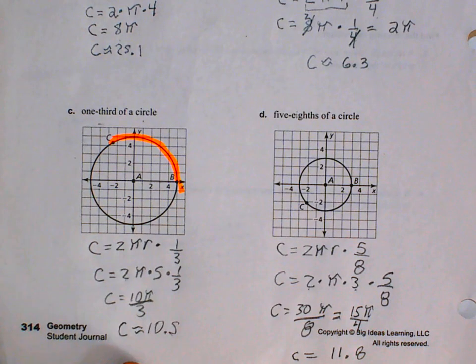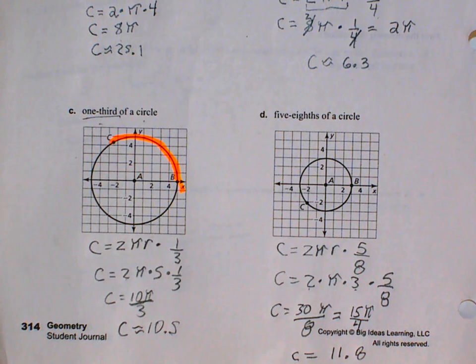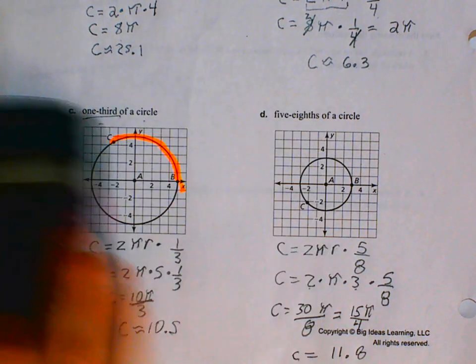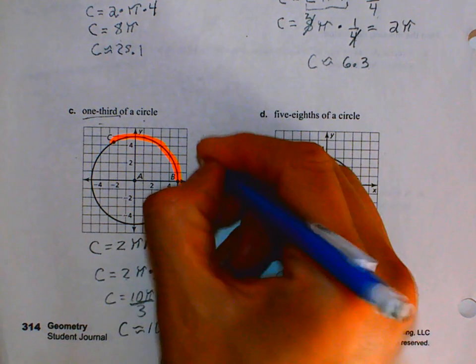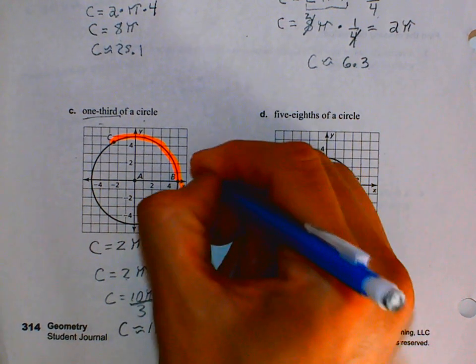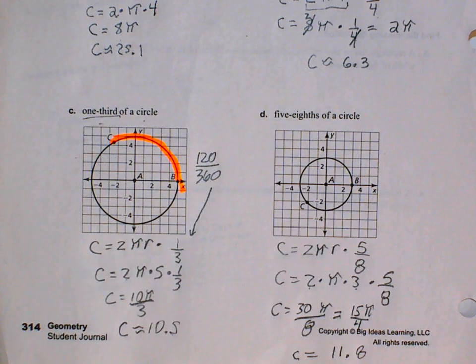Now, here, this represents 1/3 of the circle. So if I look at 360 and divide it by 3, that is equal to 120 degrees. So 120 degrees over 360 represents 1/3.